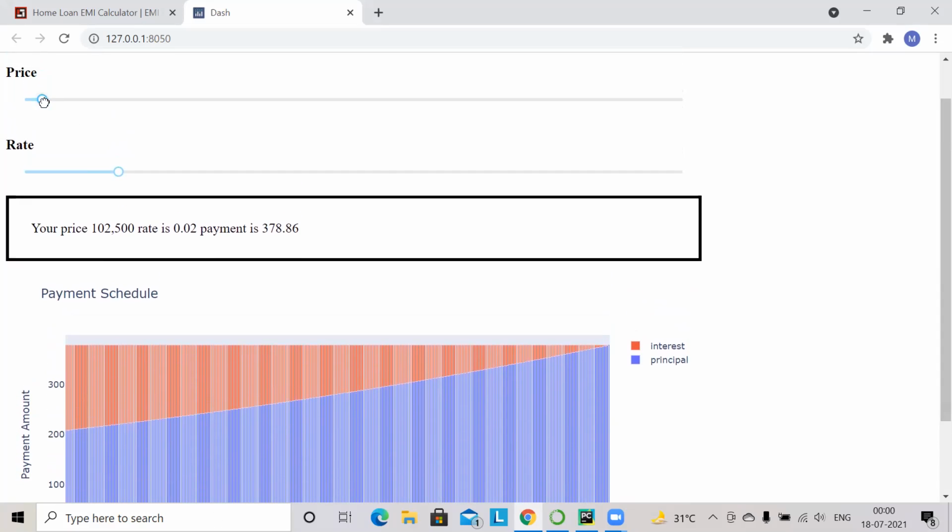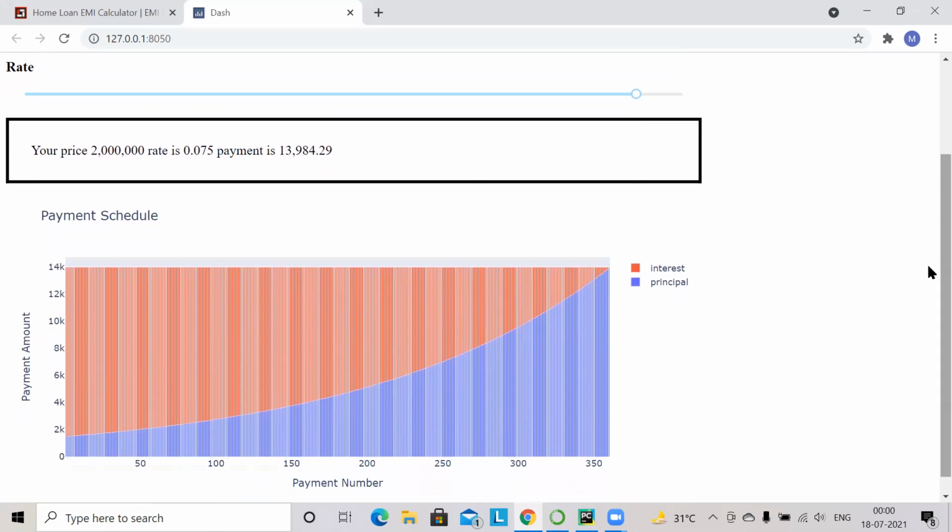For example, let me move on to 20 lakh with a 7.5 interest rate. So my EMI will be 13,984.29 rupees.